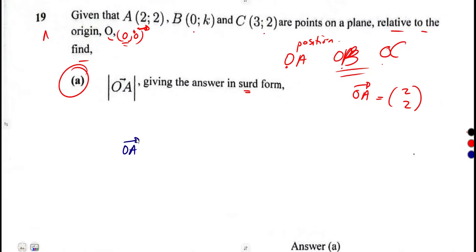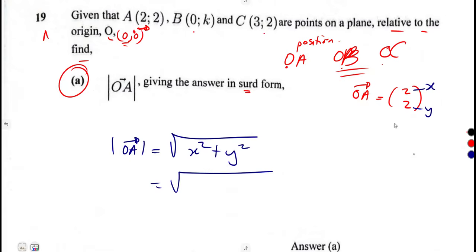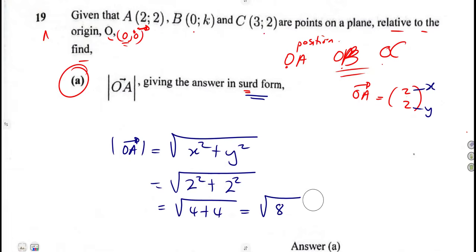So the magnitude of the vector OA is the square root of x squared plus y squared, where this represents x and this represents y. So that's the square root of 2 squared plus 2 squared. And you're asked to leave this answer in surd form. 2 squared, that's 4. 4 plus 4, which is 8.